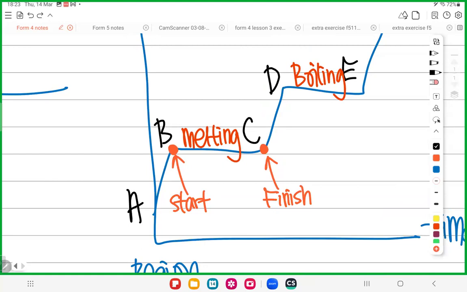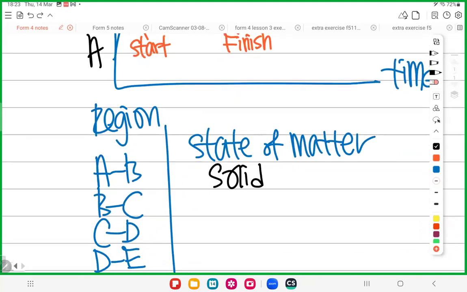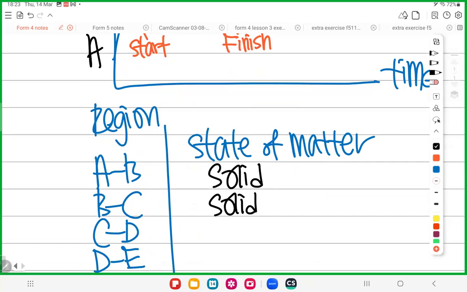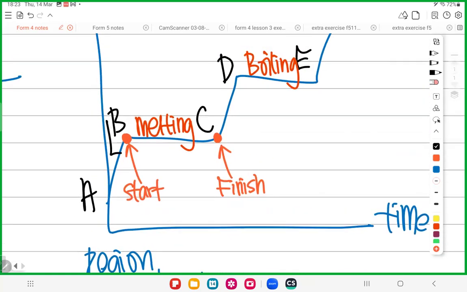When the melting is ongoing, some of the solid is not melted yet, but some of the solid has already melted to become liquid. So you always have solid and liquid.